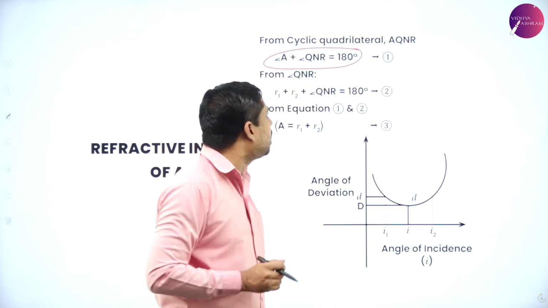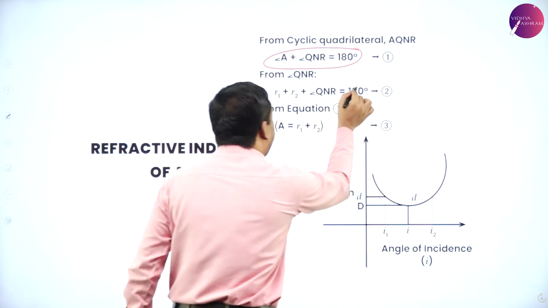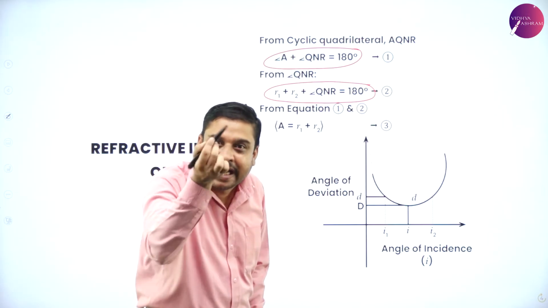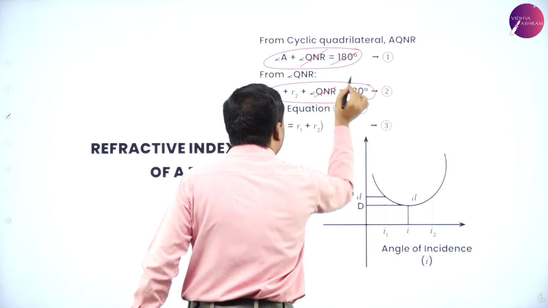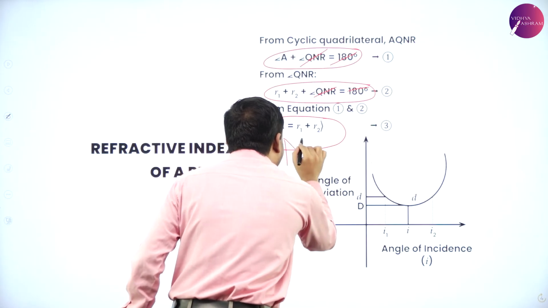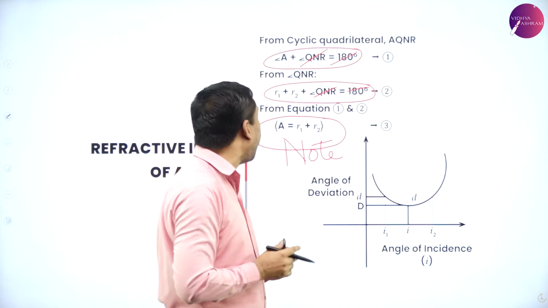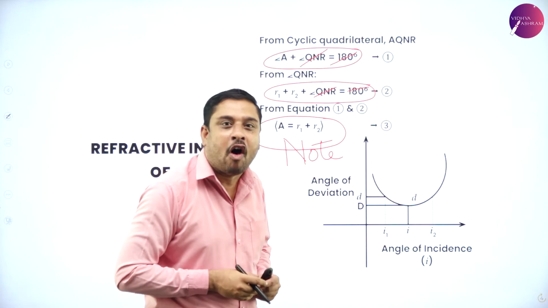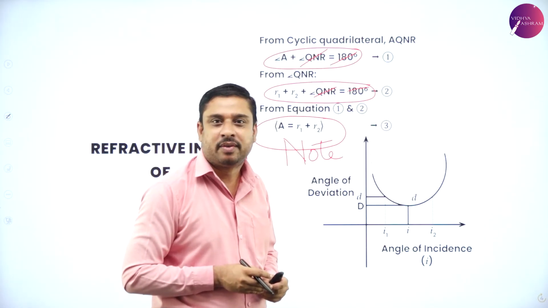And from triangle QNR, the sum of the three angles of a triangle is 180 degrees. So if I compare equations 1 and 2, 180 cancels. Very, very important. Take note of this expression. While working out problems, we require this. Angle A is always R1 plus R2.